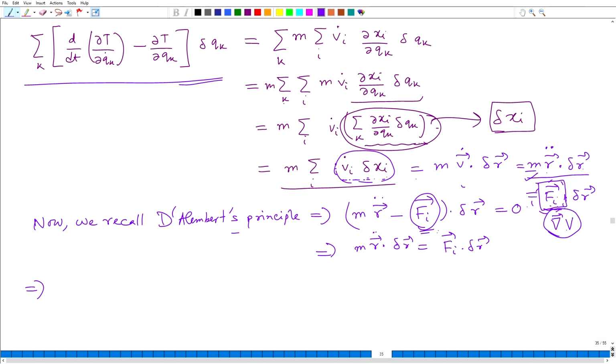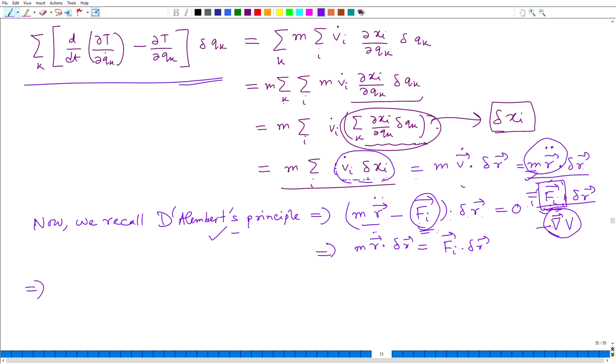I am simply saying here this one is the acceleration. From D'Alembert's principle, you have this one dot delta r is equal to f i dot delta r. You just put that f i is some force, I understand, no problem for that, and I write f i as gradient of v or minus gradient of v according to our convention.